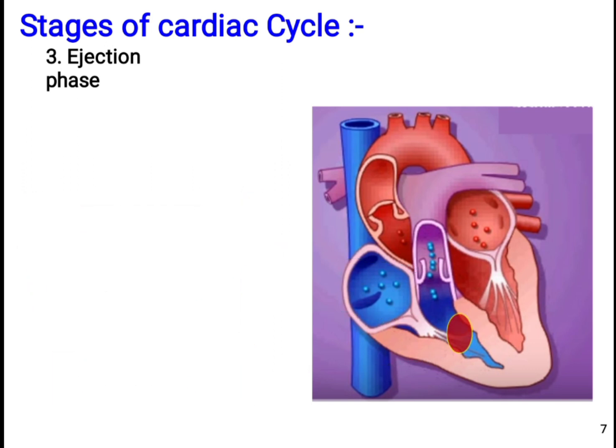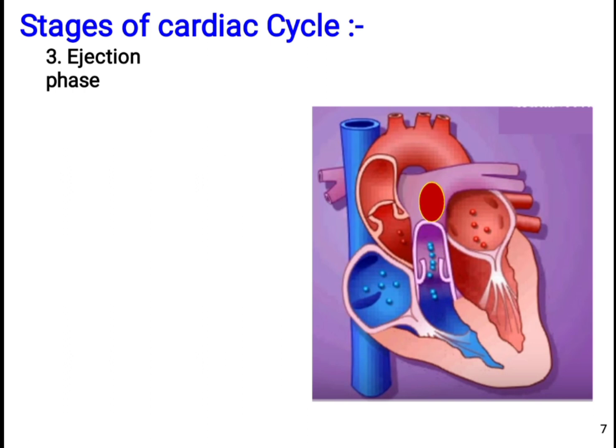So that is the ejection phase. This phase allows blood to flow into the pulmonary artery and the aorta. On the ECG, it is registered as the QRS complex, which corresponds to the wave of depolarization spreading through the ventricles.